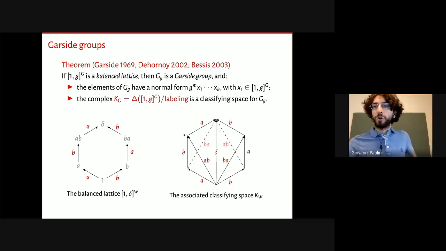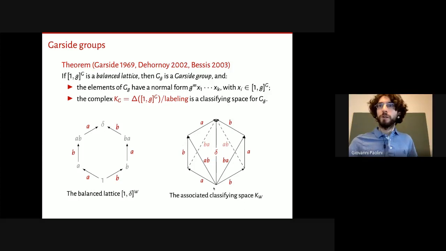Actually, also all the vertices are going to be glued together, because in some sense they have the same empty label. So the quotient complex has only one vertex, actually. And the quotient goes on to higher dimensional simplices.